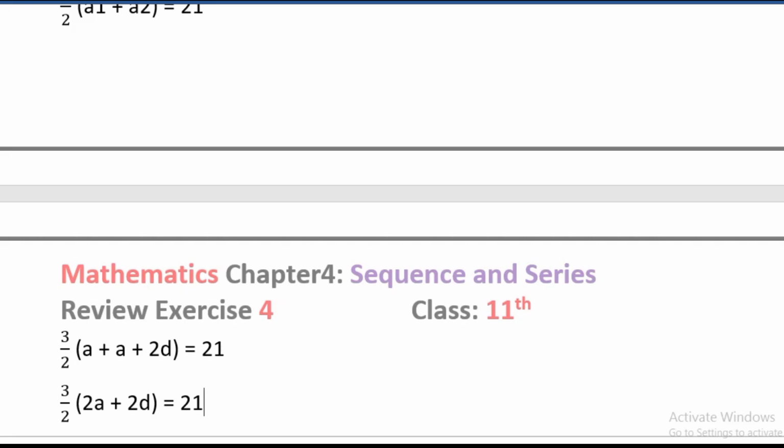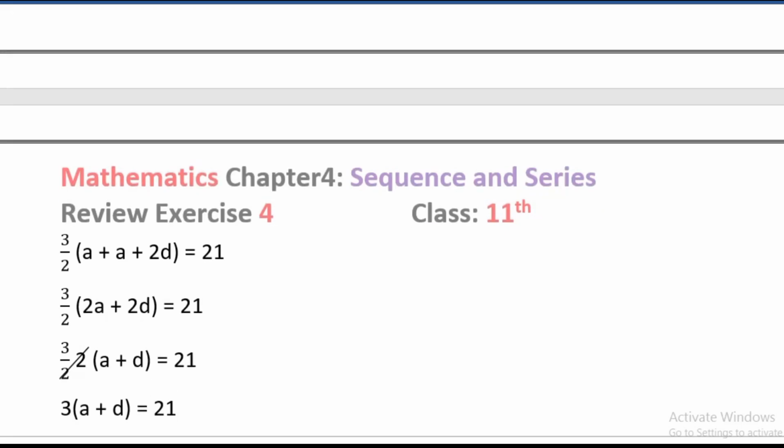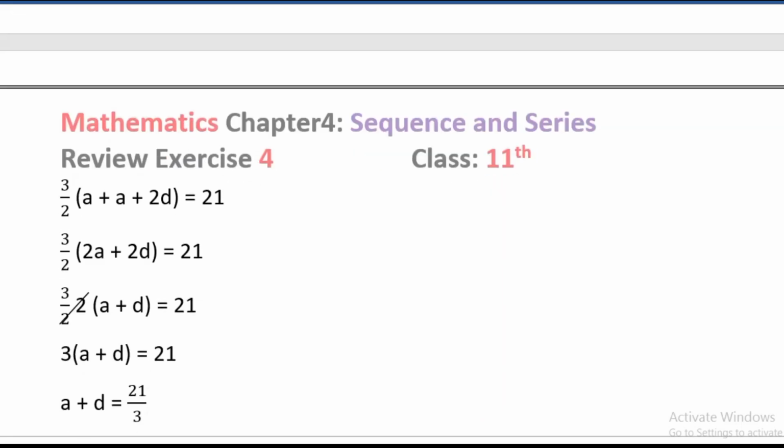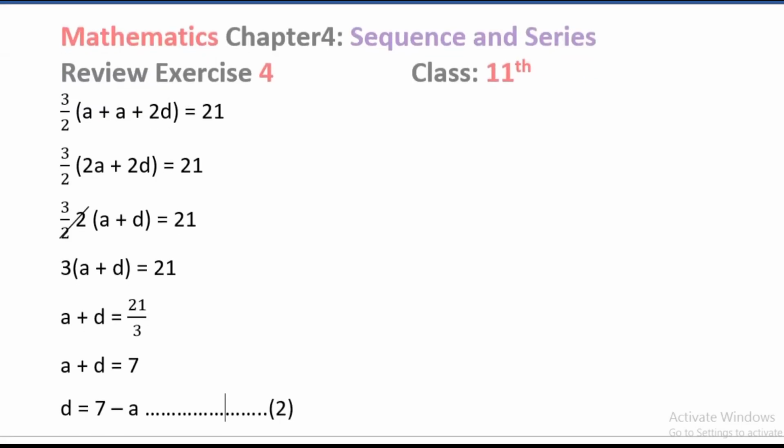Taking 3 common, 3 into a plus d is equal to 21. Dividing by 3 on both sides, a plus d is equal to 21 divided by 3, that is 7. So d is equal to 7 minus a, that is equation number 2.